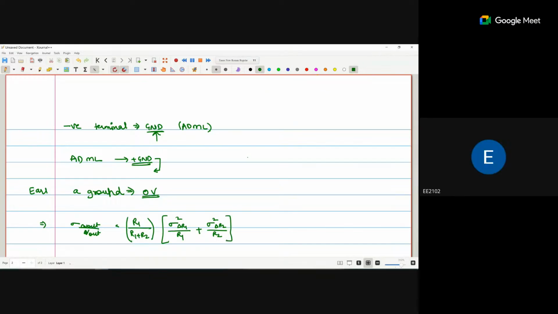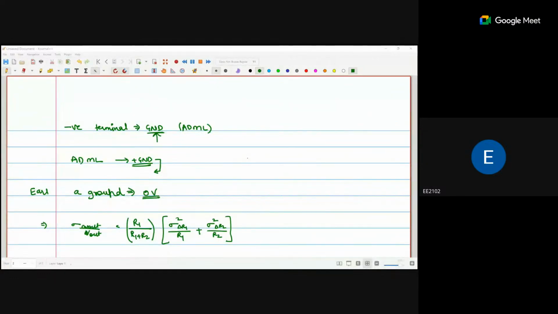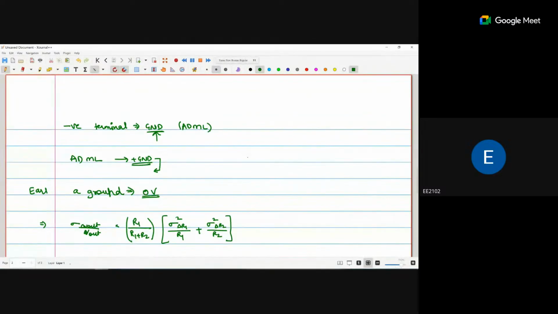Yes, sir, correct. That is a square, and that is also a square, I think. In the denominator it is R1 plus R2. Is it fine now?